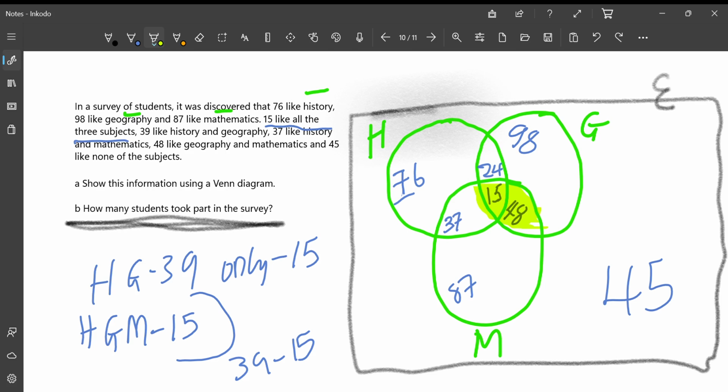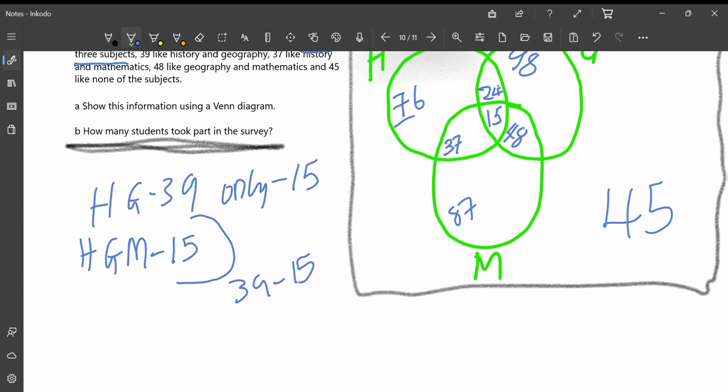So I'm going to subtract 48 minus 15. All right. So let me write this one back first for 24. So I'm going to also subtract 48 minus 15. And if you subtract that, it will give you 33 students. So this place is 33 students that like only mathematics and geography.